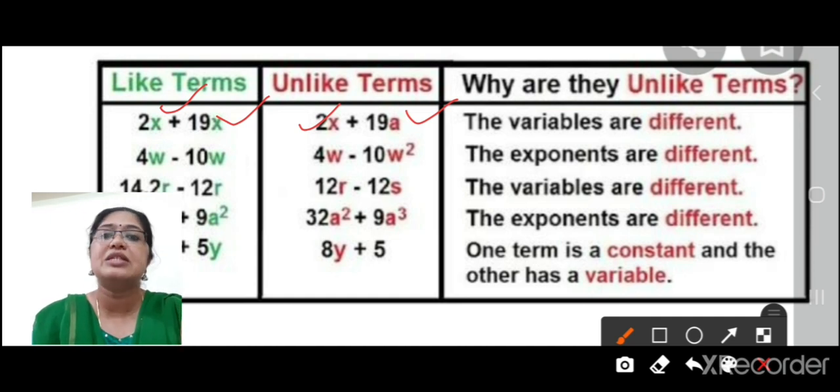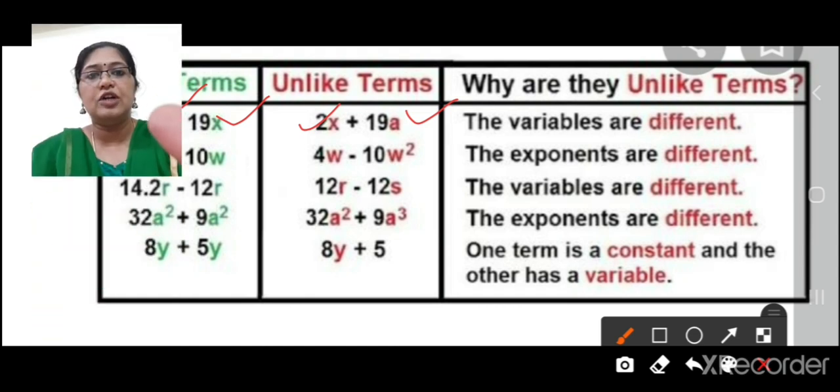Power is different means it is an unlike term. We can't add or subtract unlike terms. You can add and subtract only like terms, where the English alphabets are the same with the same power.